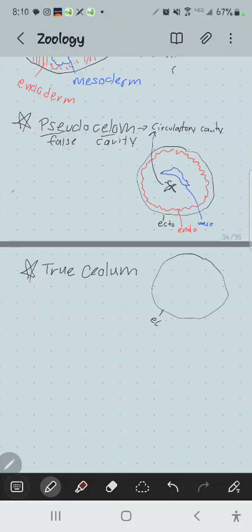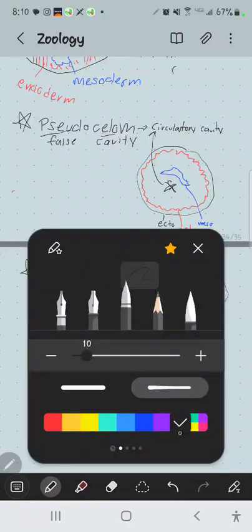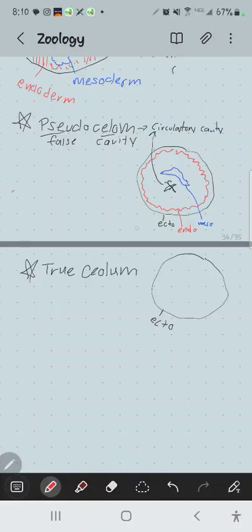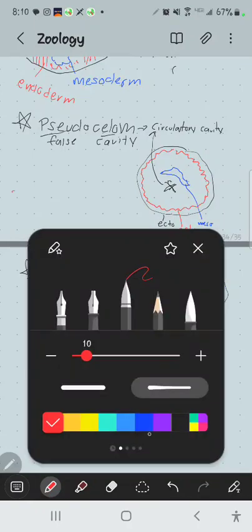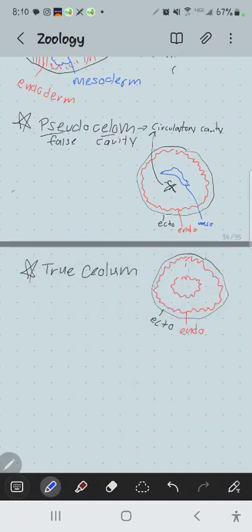On the outside, and lines the gut. So we have mesoderm, okay? And this is called a coelom. This cavity, because it's entirely lined with mesoderm. There's only mesoderm lining it.